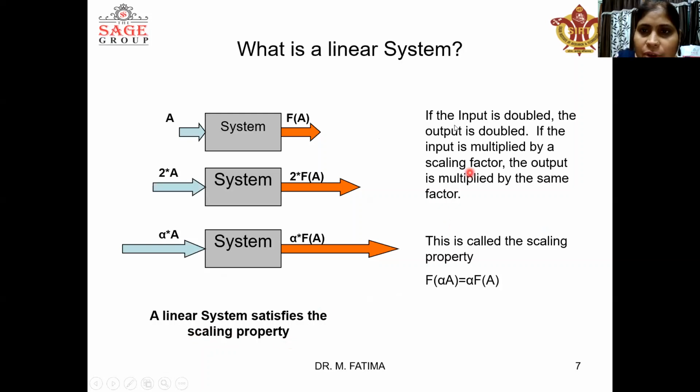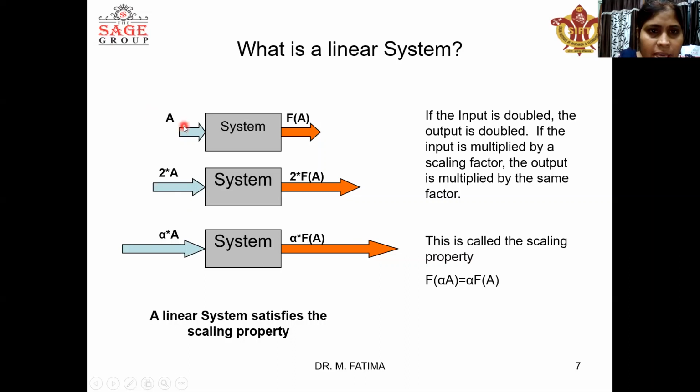That is, if input is doubled, the output will also be doubled. If the input is multiplied by a scaling factor, let it be 4, then output will also be multiplied by 4. It means if input is multiplied by any scaling factor, the output is multiplied by the same factor. This is called the scaling property.